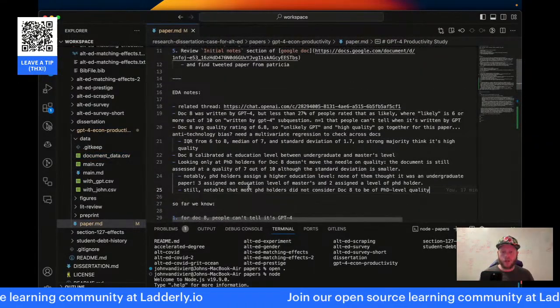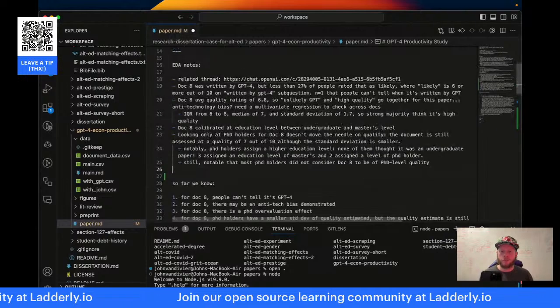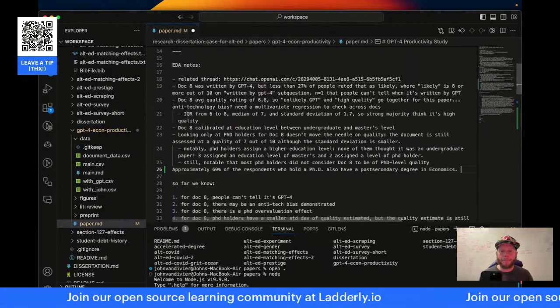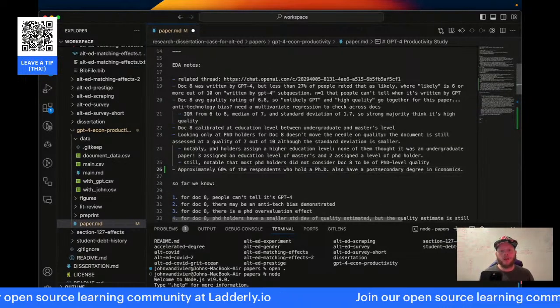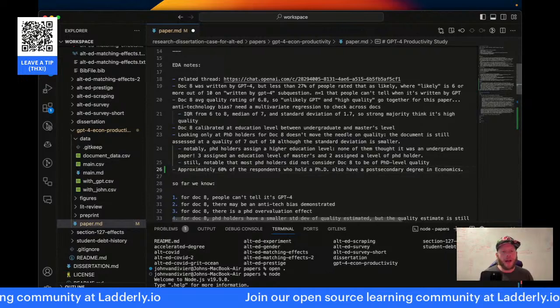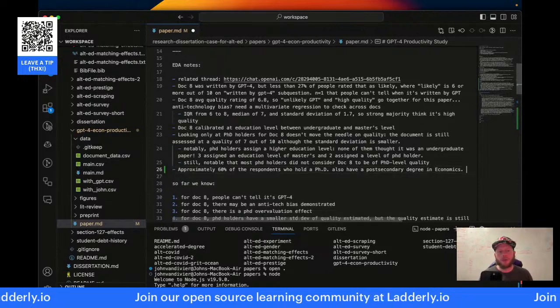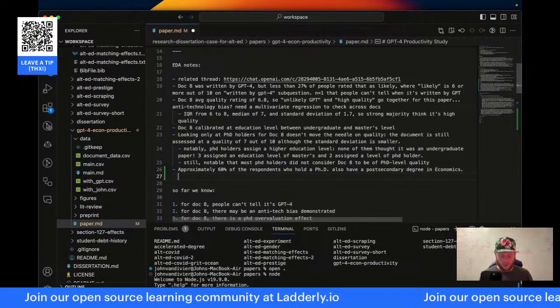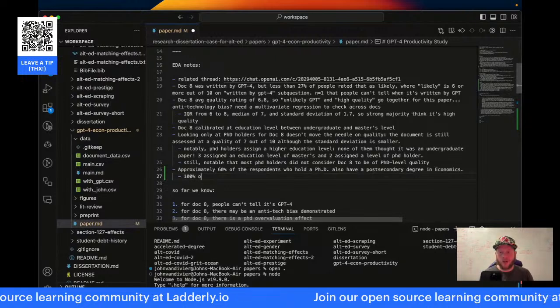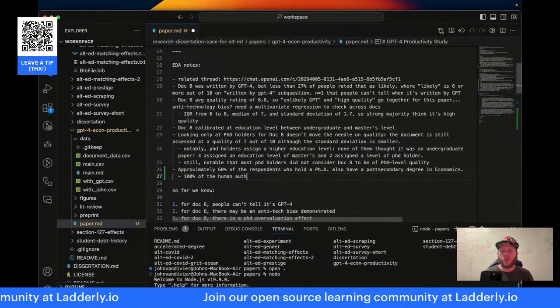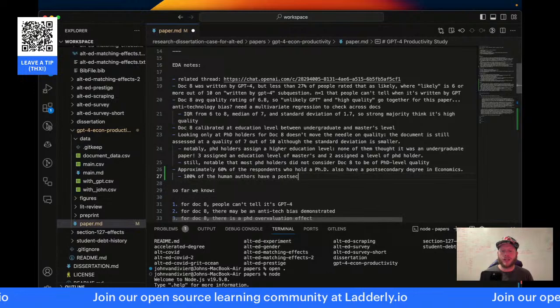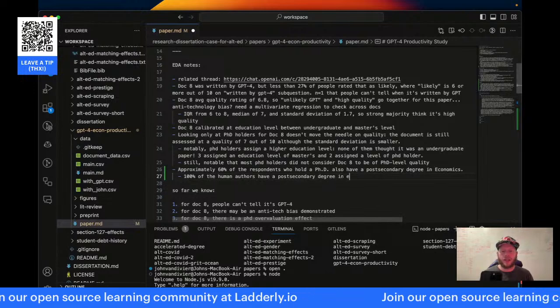This is just a miscellaneous note, not attached to a particular question. 60% of respondents who hold a PhD also have a post-secondary degree in economics. 100% of the human authors have a post-secondary degree in economics.